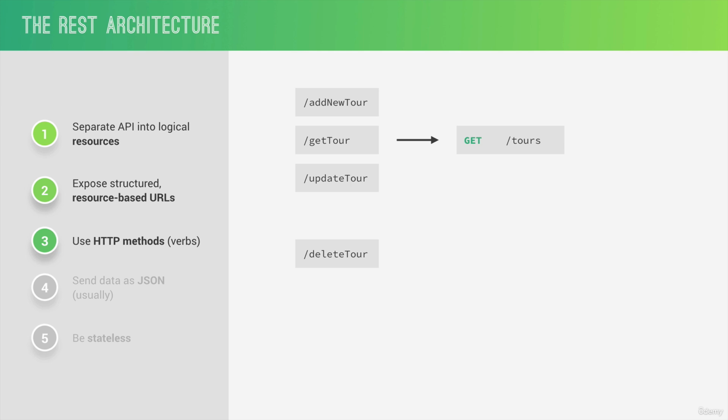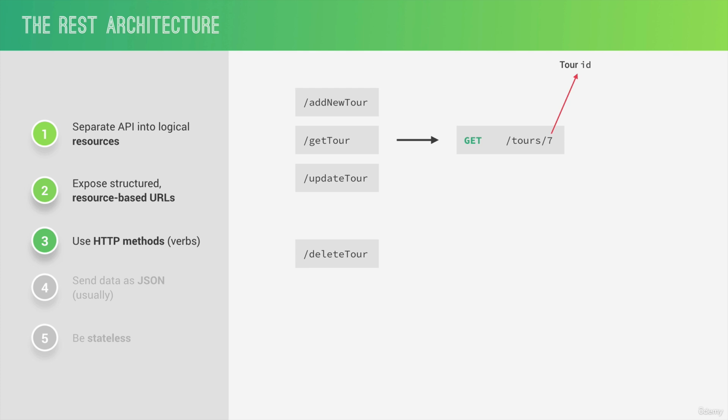Now, the convention is that when calling that endpoint, we get back all the tours that are in the database, okay? But if we only want a tour with one ID, let's say 7, we add that 7 after another slash or in a search query. Or it could also be the name of the tour instead of the ID, or some other unique identifier. The detail doesn't really matter at this point, alright?